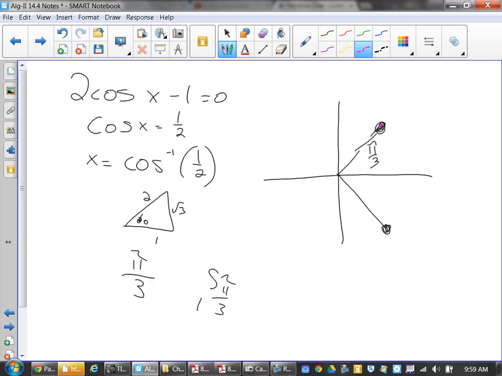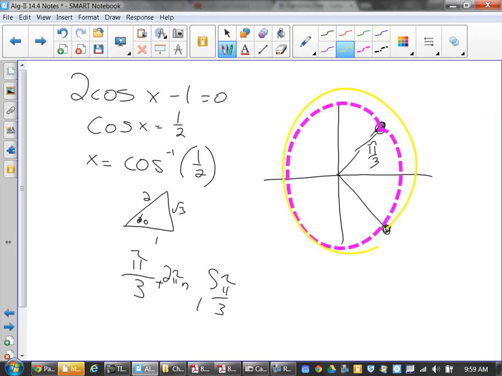How long does it take me to get from here to here? So it's going to be pi over 3 plus 2 pi n. You okay on that? How long does it take me to get from 5 pi over 3 back around? That's 2 pi. So is it always 2 pi?